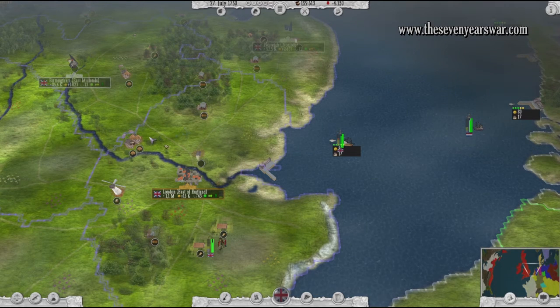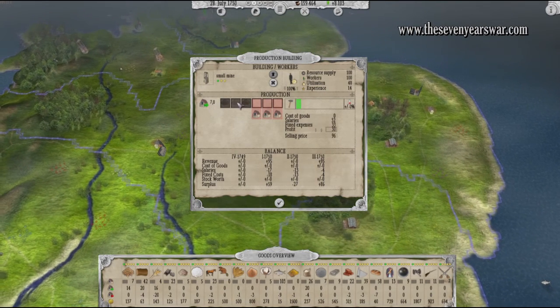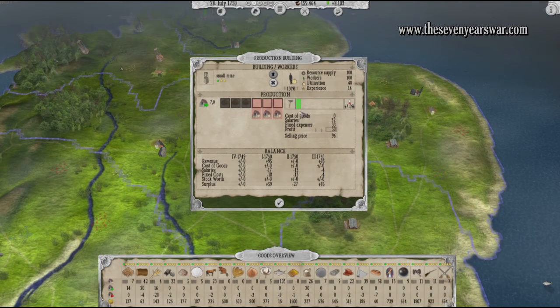So there it is. Now you can see the load of loam, and the trader is returning to London. If we open the corporate menu, here you can see the current production, the progress of the production, and the calculation of this product.